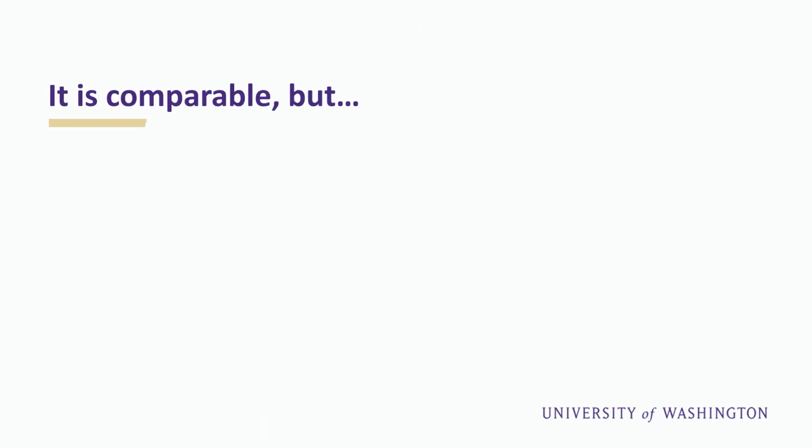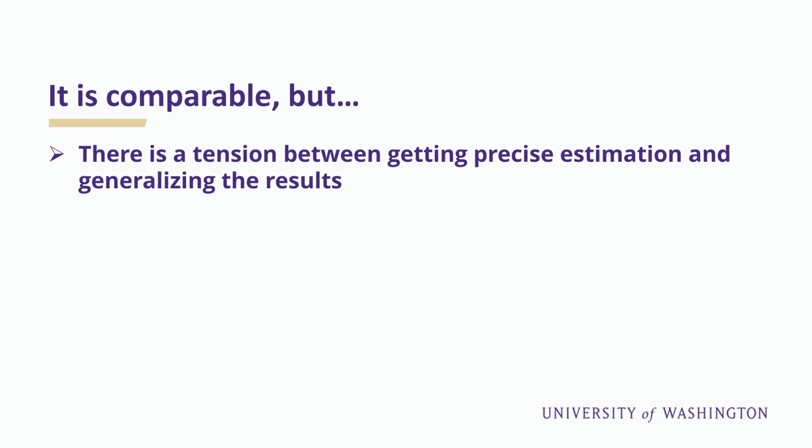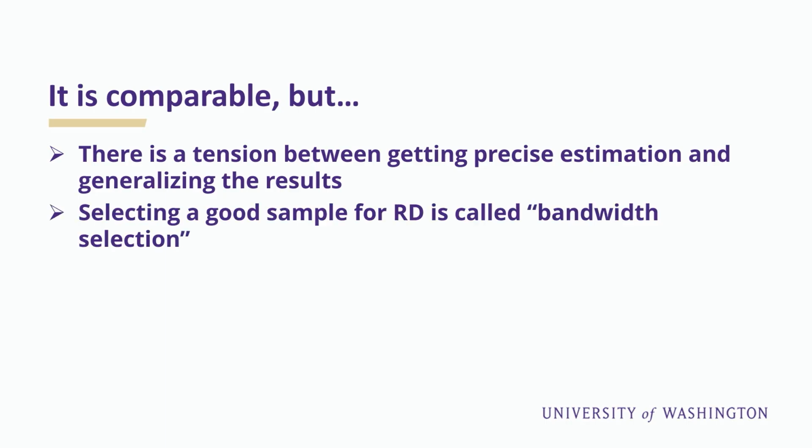Of course, we can't just compare two students, because there would be no statistical power. So there's a tension between getting a precise estimation, like comparing two students right above and below the threshold, and generalizing the results. So in regression discontinuity, selecting a good sample is critical, and the process is called bandwidth selection.